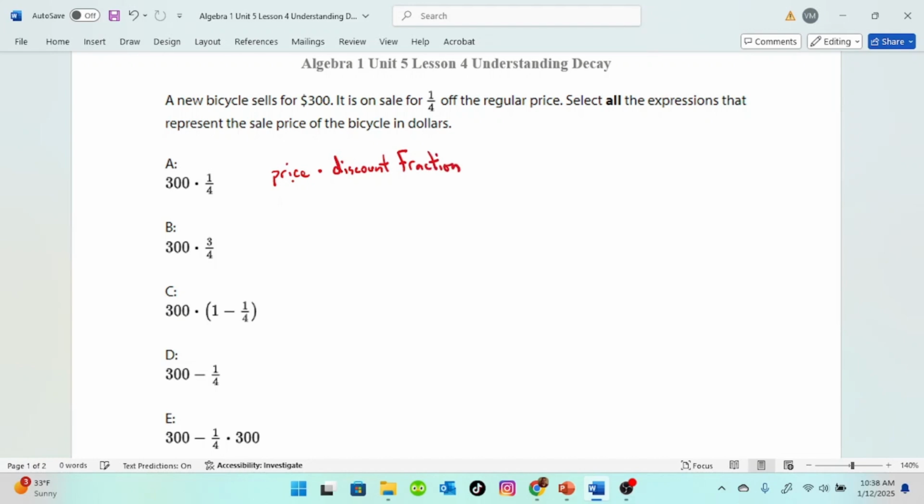If we multiply the price times the discount fraction, what we're going to get is the discount amount in dollars, not the actual sale price. So it's not A.